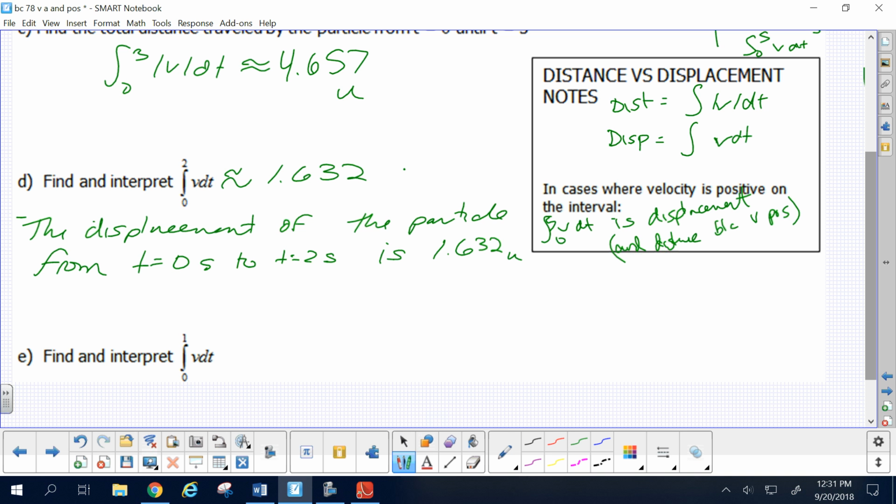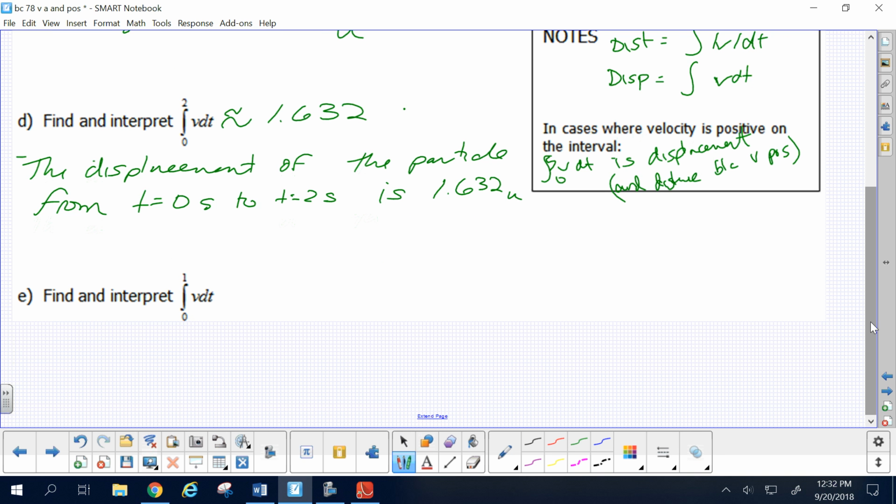You with me? I know it feels redundant, but there's a point to this. So 0 to 1. What's the answer? 0.540. Same thing: it's still no absolute value, so it's still displacement.